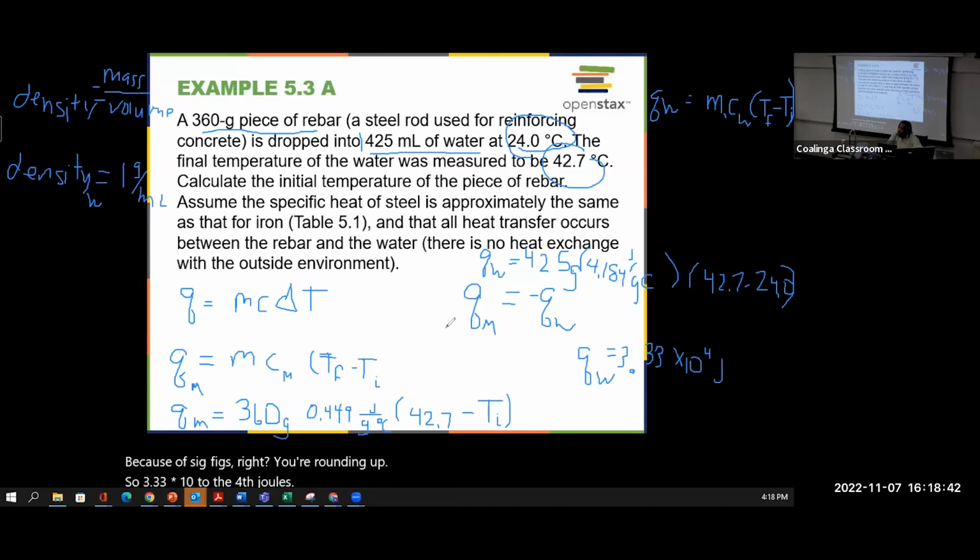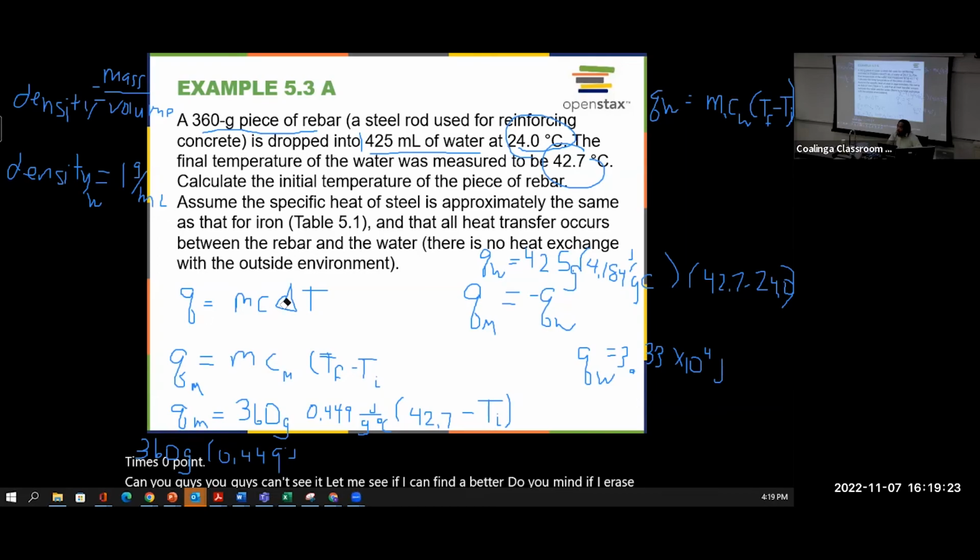Okay, so then we're gonna plug this into this equation here. We're gonna plug this into that equation there, right above where everything else has been. Do you mind if I erase this part here? Got this already down.